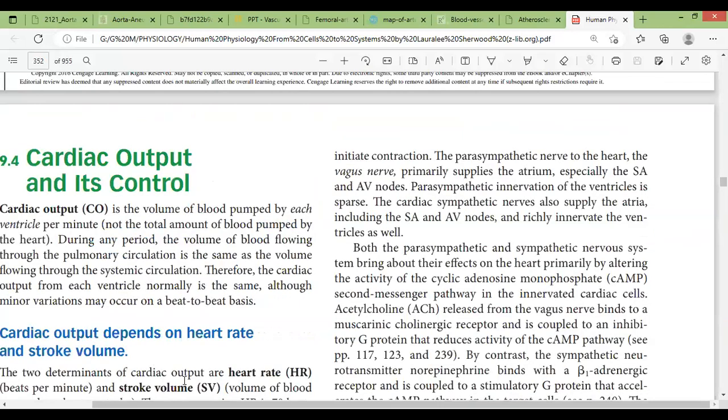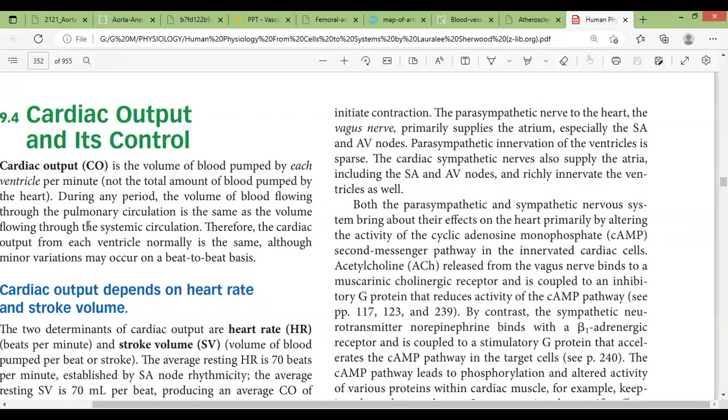The parasympathetic nerve that supplies the heart is the vagus nerve, right? It primarily supplies the atrium, especially the sinoatrial node and the AV node.